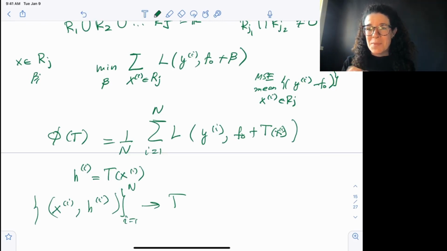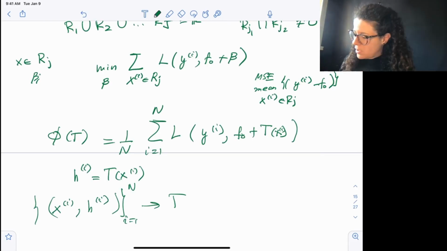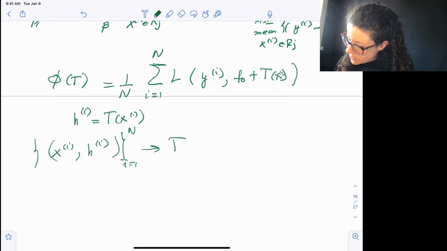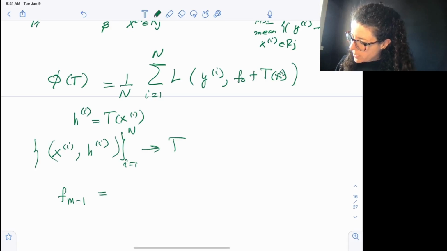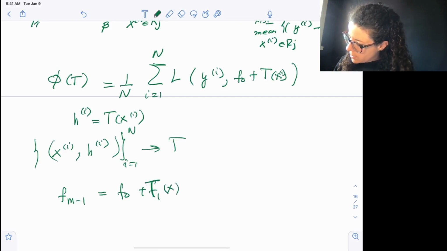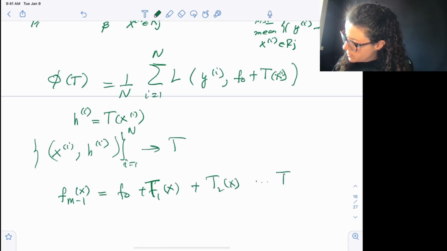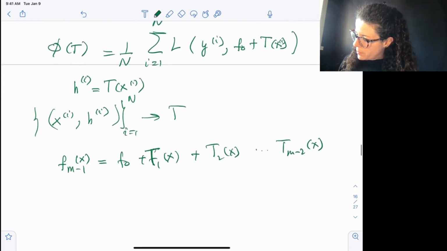The other steps are the same, basically. Because instead of having f0, what I'm going to have is f(m-1), which is f0 plus t1 of x plus t2 of x plus ... plus t(m-1) of x, right? So that's f(m-1).